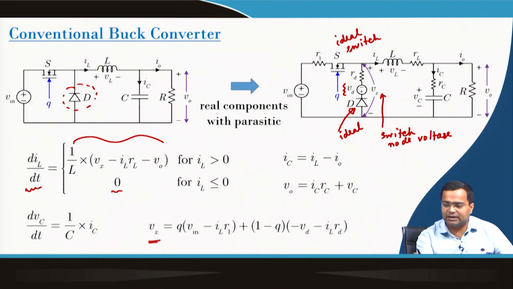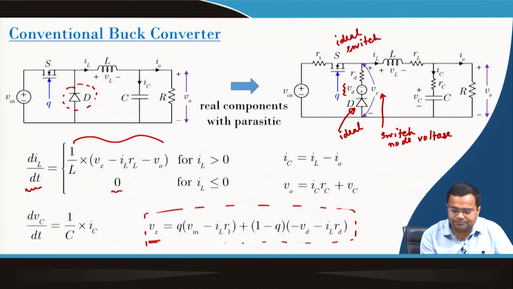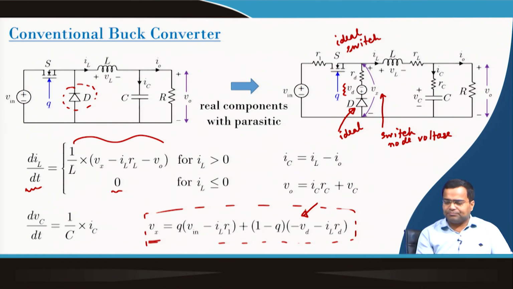So, we can derive the switch node voltage, and this is somewhat similar to the earlier synchronous buck converter, only addition is that you have a diode forward voltage drop, and the forward resistance of the diode you can think of as analogous to the on resistance of the MOSFET.